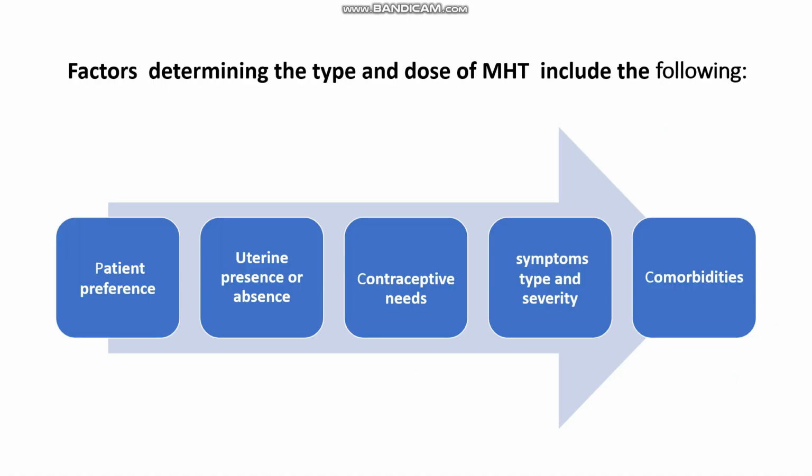The factors that determine the type and dose of MHT include the following: patient preference, uterine presence or absence, contraceptive needs, symptoms and severity of the symptoms, and comorbidity.